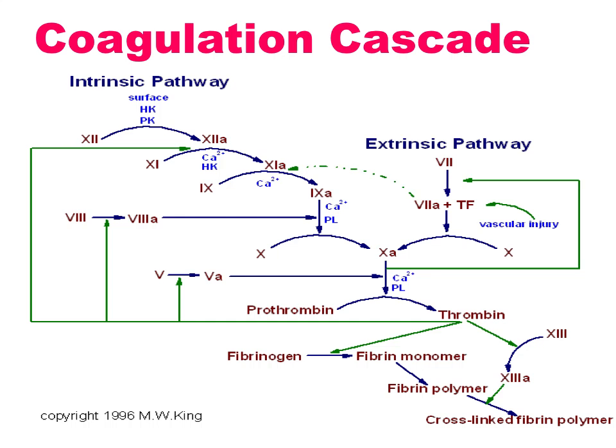On the left side is the intrinsic pathway, and then we have the extrinsic pathway on the right side, and they converge to the common coagulation pathway. The intrinsic starts with factor 12, while the extrinsic starts with factor 7, and they end in the formation of fibrin.